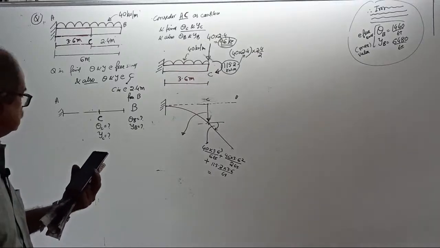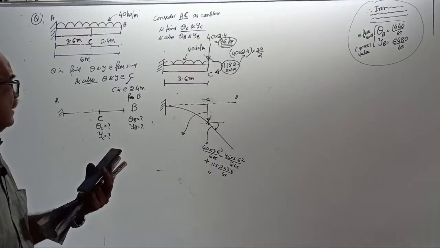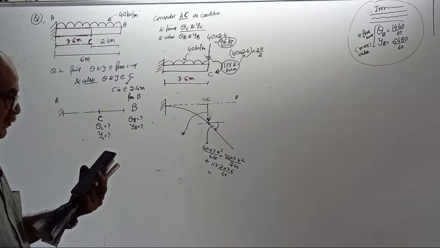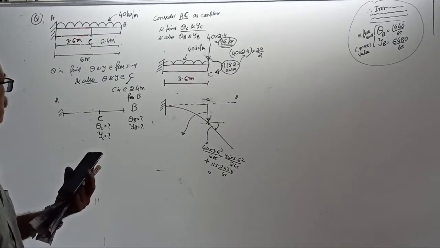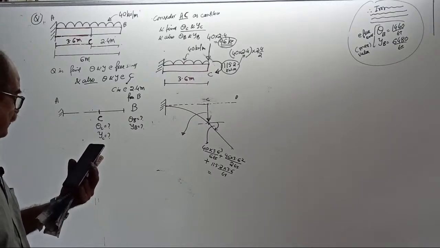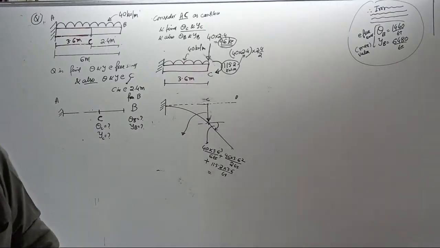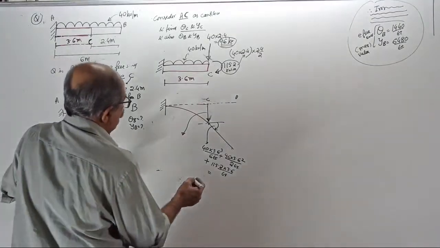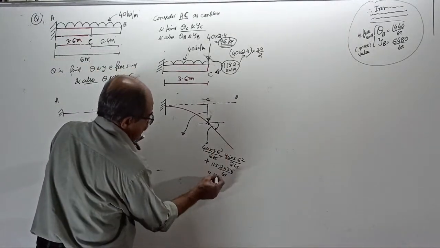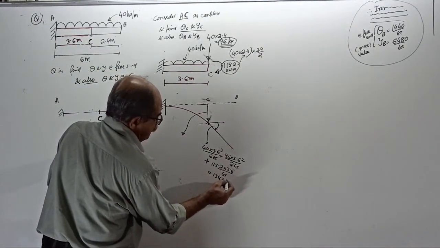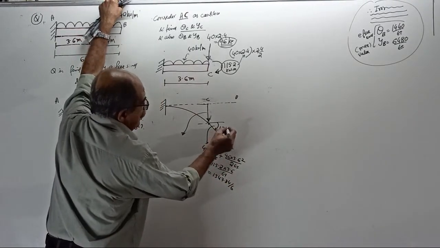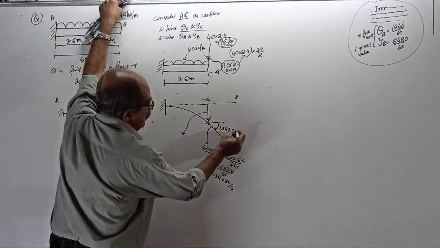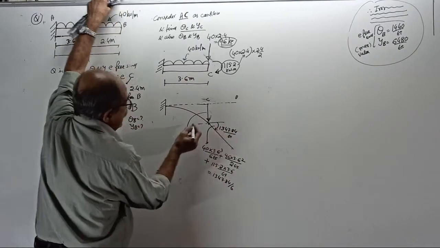Do not give a wrong answer. 40 into 3.6 cube by 6 EI is 1347.84. Confirm it correctly. So the slope is 1347.84 by EI.